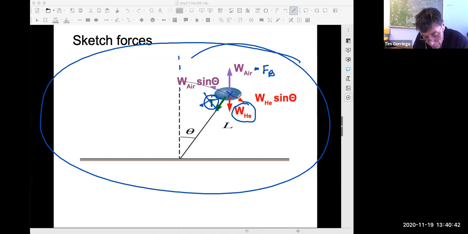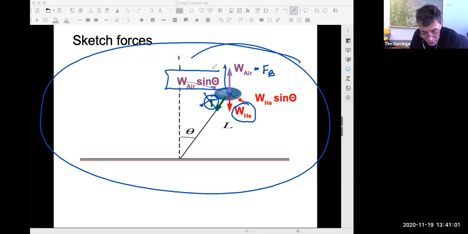And then there's a portion of the weight of the helium, so W sine theta, where W here is the weight of the helium, that's actually not a restoring force, it's opposite to that. It's trying to pull the balloon away from the equilibrium point. So there are two contributions.